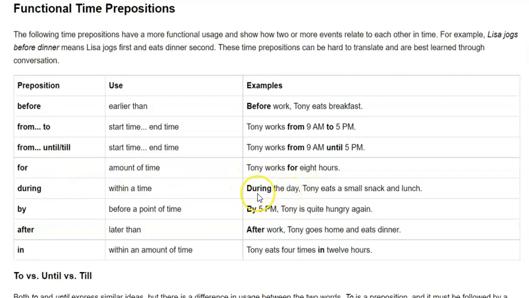The day is a kind of timeline. So during the day, Tony eats a small snack and lunch.